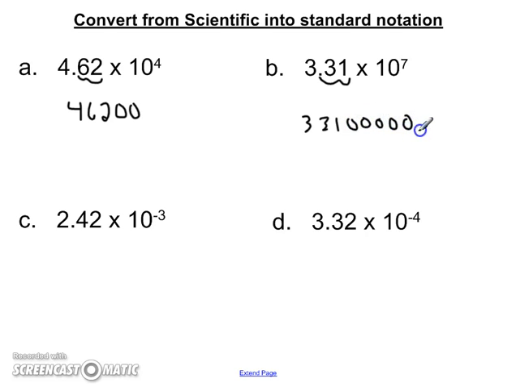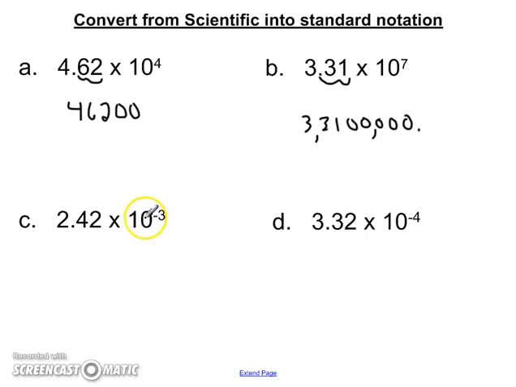So the decimal now is way down here at the end, which you don't have to put if it's at the end. So my number now is 3,310,000. This is not terribly smaller than that, but when we're talking about numbers that are, say, 10 to the 20th power, those get very, very long.